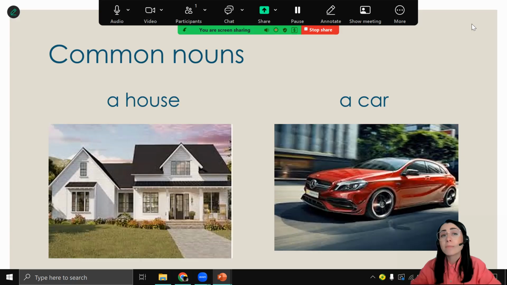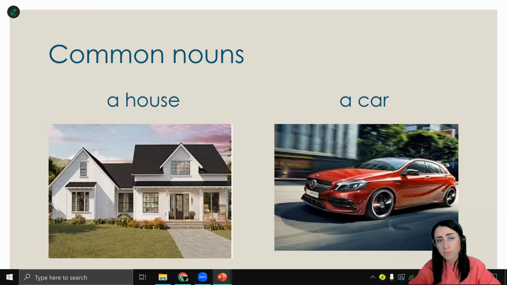Now have a look at some common nouns. I will be reading these words twice. Your task is to listen carefully, to repeat, and to remember these words. Let's start.